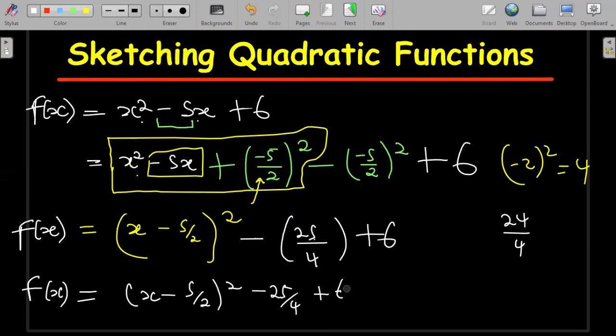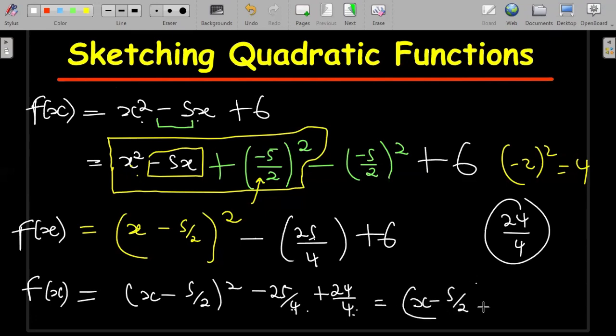I'm just doing it so that my addition of fractions is easier. Here I have the same denominators, so I can just add minus 25 to plus 24. So what I get here is x minus 5 over 2 squared, and then this part here just becomes what?